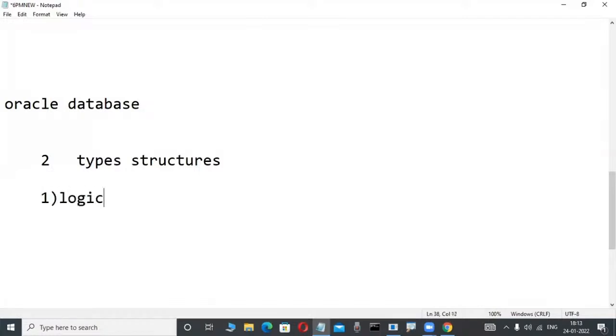Slowly observe here. Logical structure, and another one is physical structure. What does logical structure mean?